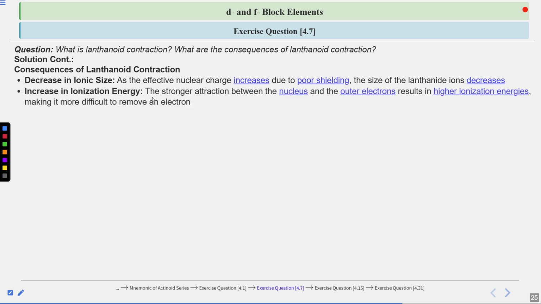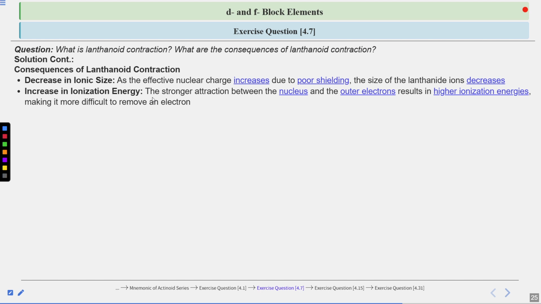Increase in the ionization energy. So there is a stronger attraction between the nucleus and the outer electrons. The outer electrons are more strongly held by the nucleus due to this poor shielding. This strong attraction results in higher ionization energy, which makes it more difficult to remove an electron from the outer orbital of the lanthanoid elements, right?